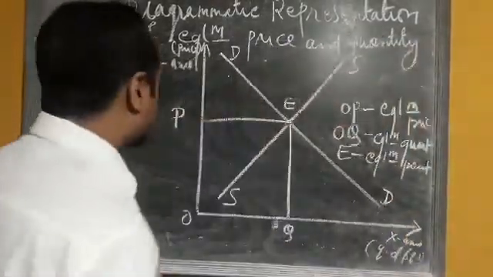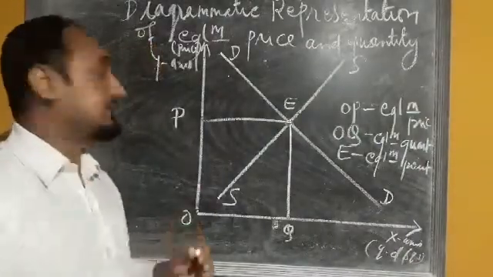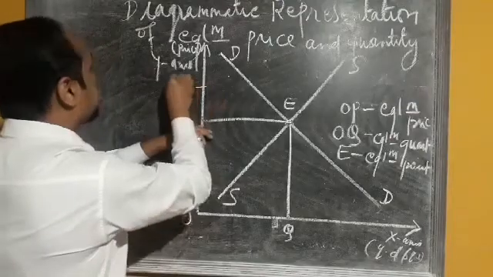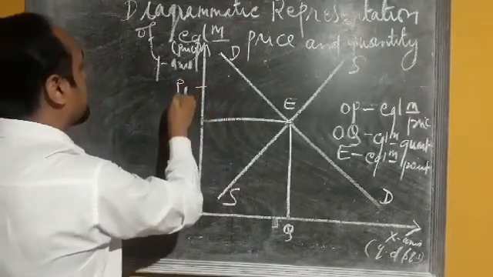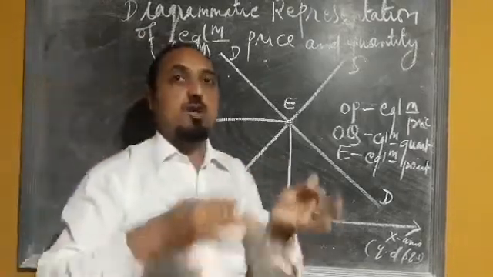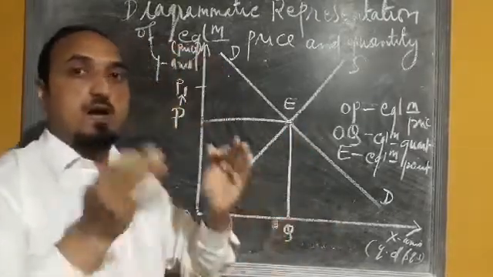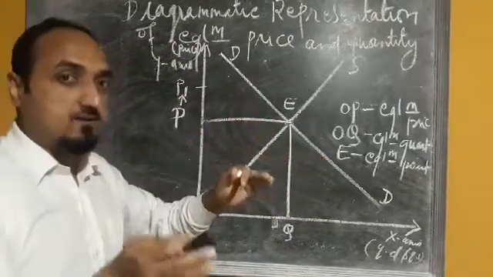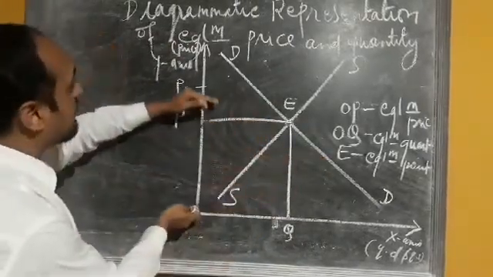Now let's consider, suppose, the price increases from OP to OP1. Here I am taking the case where the price is a little higher compared to the equilibrium price. That means the price is increasing from OP to OP1.